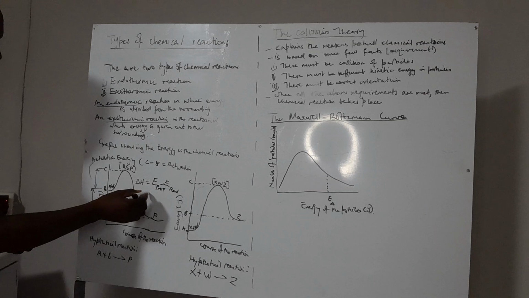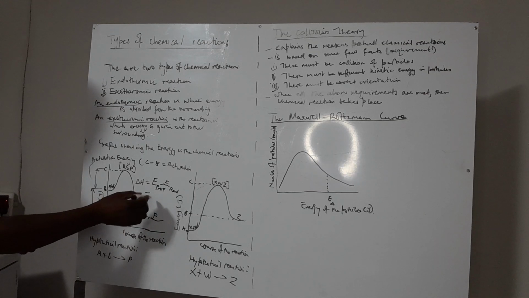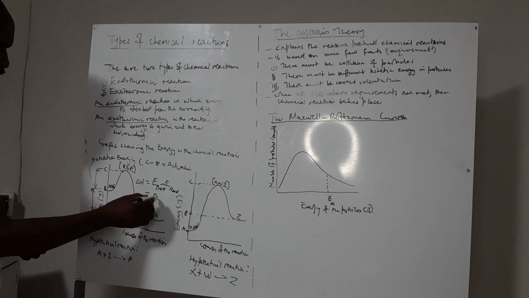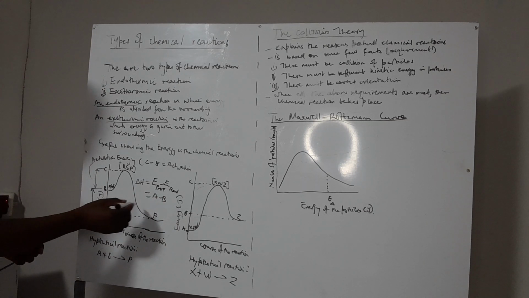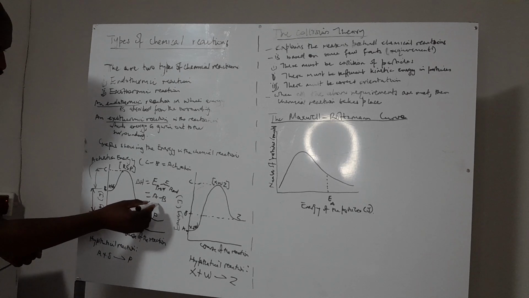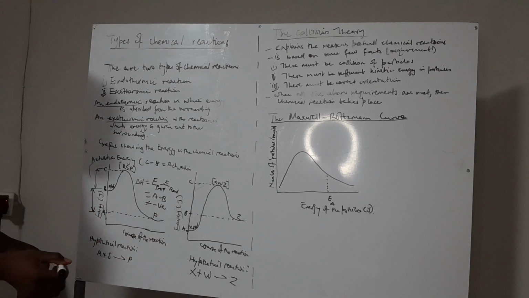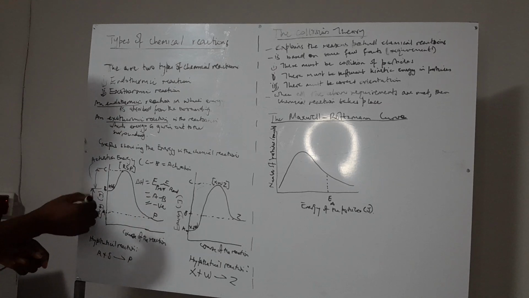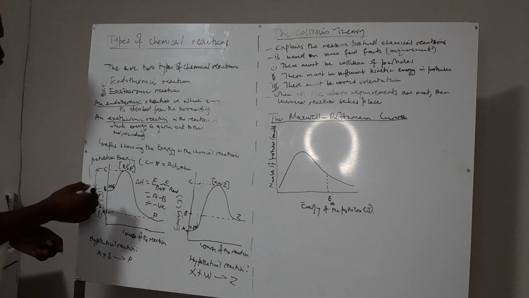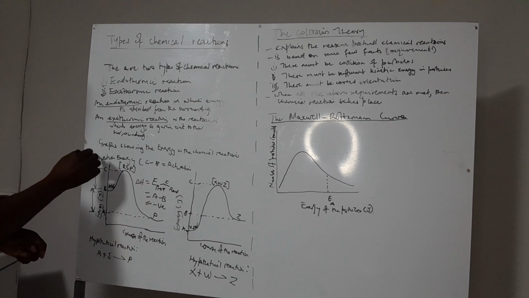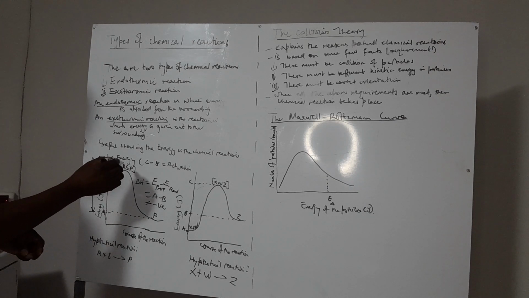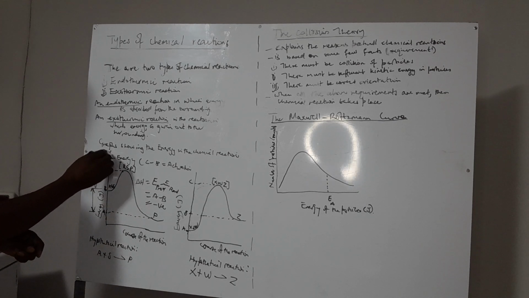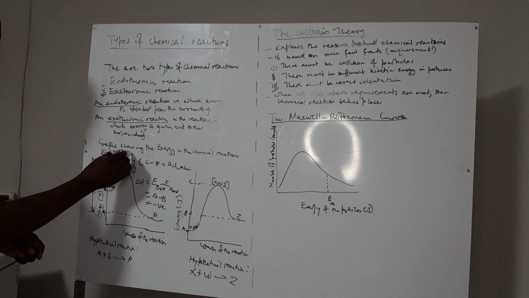In this case, if we say A minus B, since A is of a lower value and B is of a higher value, the value we get will be a negative value of energy. Hence, it shows us that this reaction lost energy during its course. Therefore, this type of reaction must be an exothermic reaction.